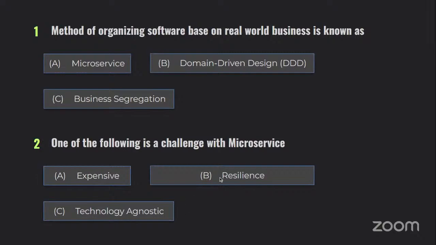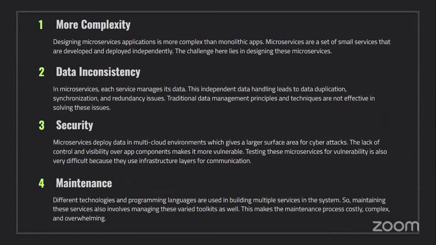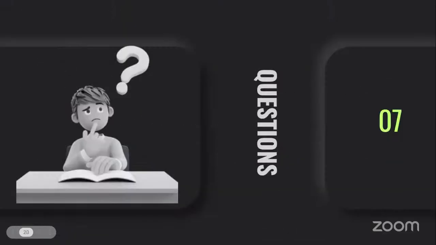B is resilience because each of these services has some mechanism like a retry mechanism, and when something is not responding, you have a circuit breaker which stops that service from overloading the system. So it's resilience. But A should be the correct answer, that it is quite expensive to achieve and to maintain. If I go back a bit, you can see that the problem we're having is that it is very expensive to maintain and it is more complex. Does that clear the misunderstanding?